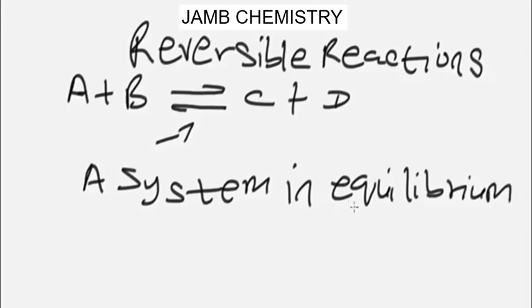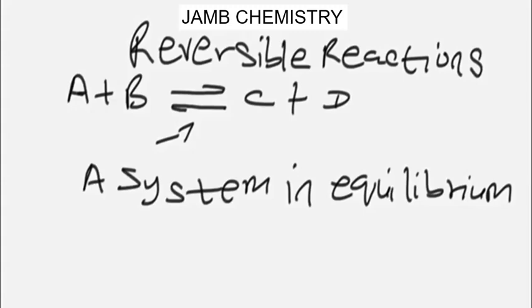A system is said to be in equilibrium when both the forward and backward reactions, or reverse reactions, are occurring at the same rate. Let me say it again. A system is said to be in equilibrium when both the forward and backward or reversed reactions are occurring at the same rates.